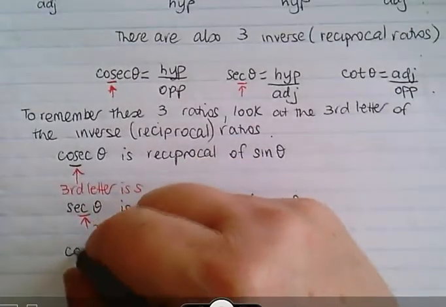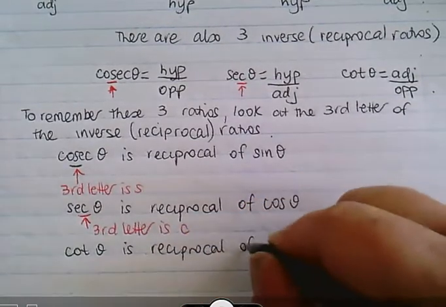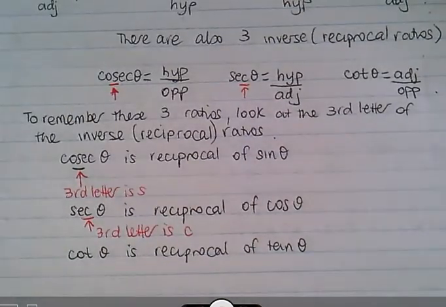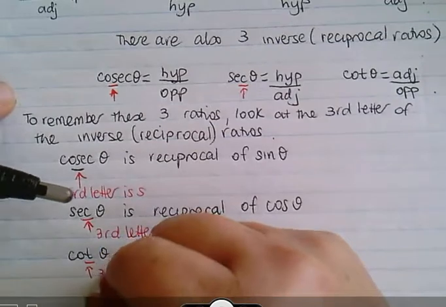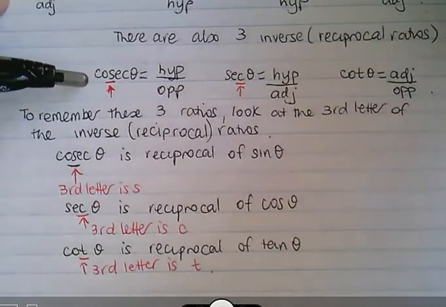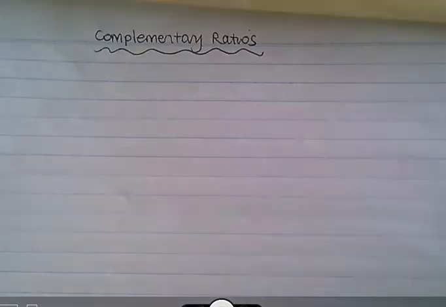And cot theta is the reciprocal of tan theta, because the third letter of cot is T. So please don't look at the original ratios, because you know what the original ratios are. It's the new ratios that you don't really know. So you look at the third letter of those, and it's the reciprocal or the flipped version of those other ratios.